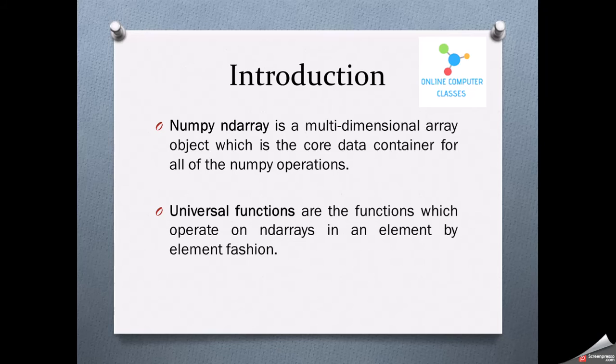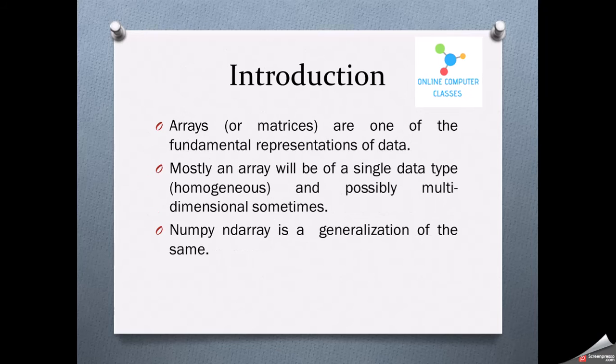Now what is ndarray? ndarray is a multi-dimensional array object which is the central or core data container for all the operations executed using numpy, and universal functions are the functions which operate on these ndarrays element by element.